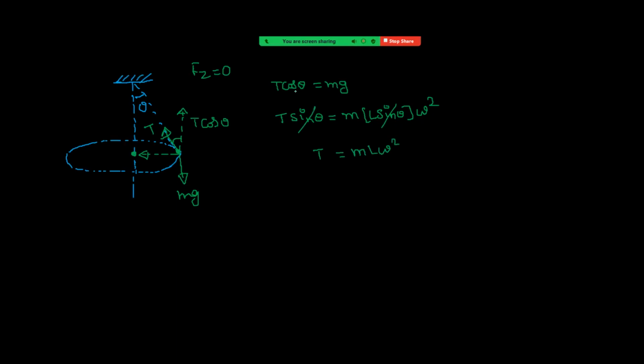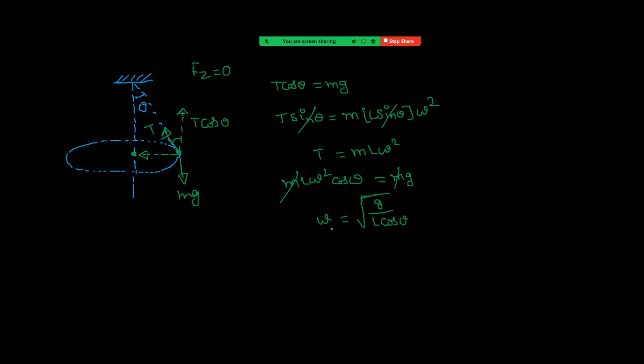Now substitute this in the above equation in the place of T. It is now m L omega square cos theta is equal to mg, right? Mass gets cancelled. Omega equal to root of g by L cos theta, right?